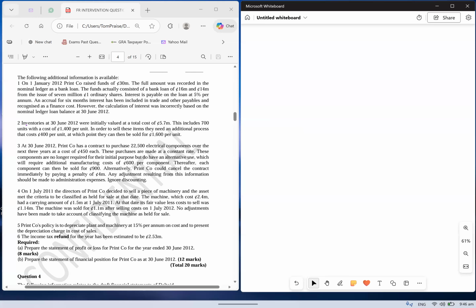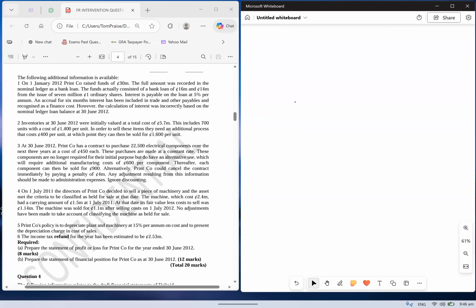What is the name? If you are owner of a business and you put money into the business, what is it called? Capital. So injection. You should know that that money should go to equity capital. But they told you that the full amount was recorded in the bank loan. So there is an adjustment you need to be doing.